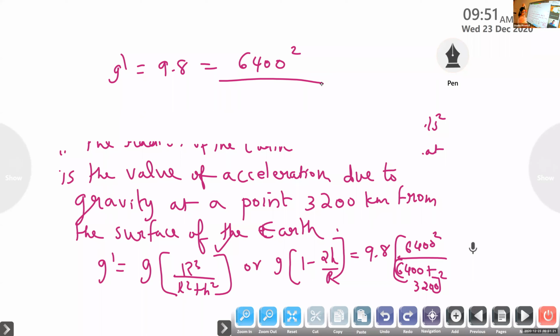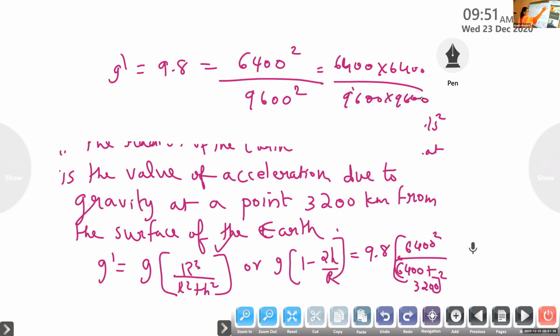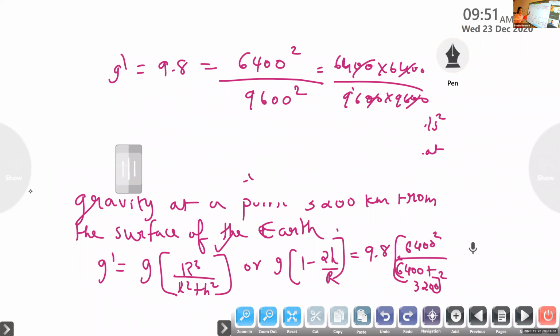This is equal to 9,600 square. Instead, you can use 64 into 64, and you know the zeros get cancelled. It is going to be simple. No need of writing this, this is only for you to know. You can make it a small fraction, 64 by 96, if you cut.